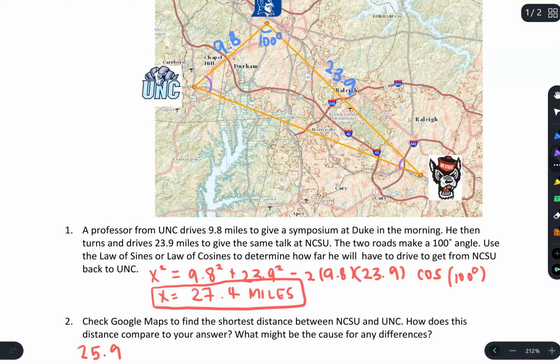Let's make that C right there, so this will be angle C. Let's label this A and this B so that we know our sides. We used law of cosines to find the opposite side over here, which is 27.4 miles. So which one of these angles would I find next?